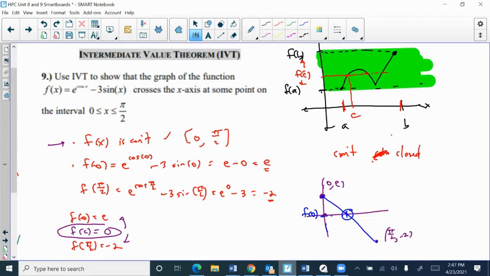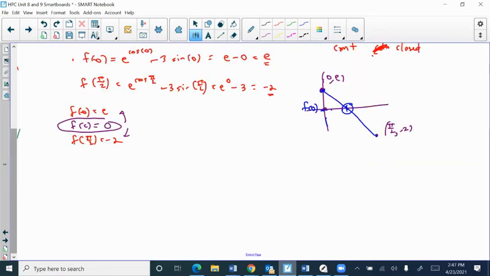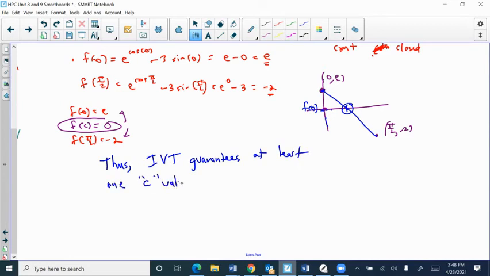So how do I make that conclusion? Since it's continuous and we found our endpoints, I could say thus, IVT, intermediate value theorem, guarantees at least one c value in the interval, so it's an x in the interval 0 is less than or equal to x is less than or equal to pi over 2.